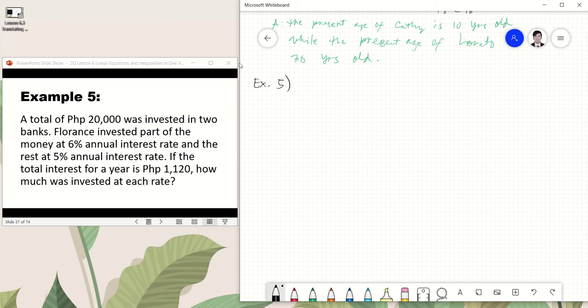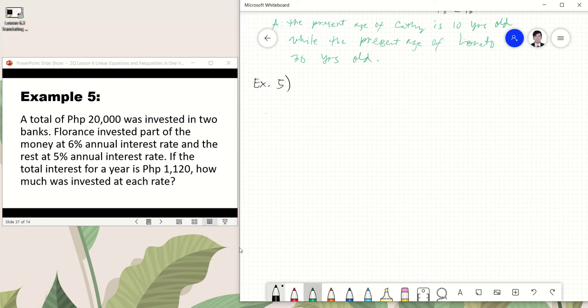So Florence invested part of the money at 6% annual interest rate and the rest at 5% annual interest rate. If the total interest for a year is 1,120, how much was invested at each rate?